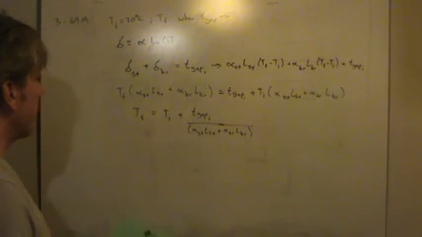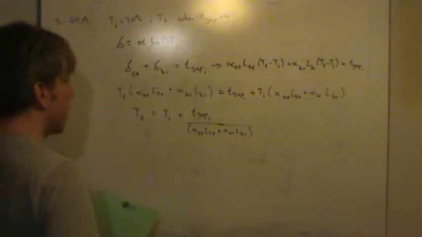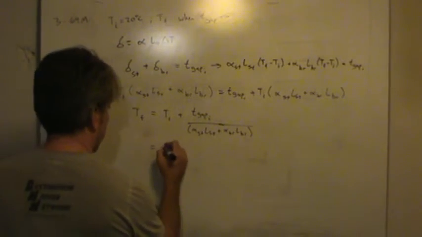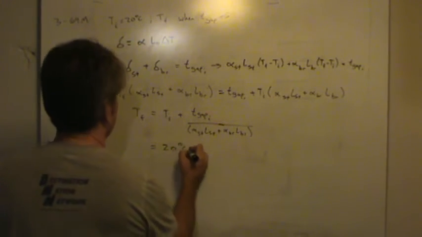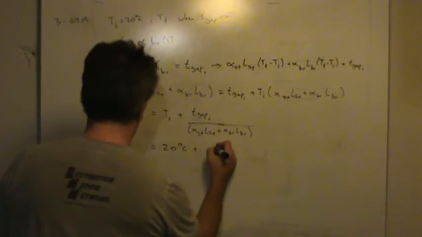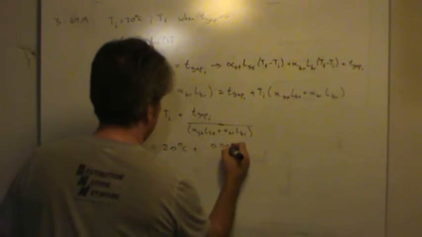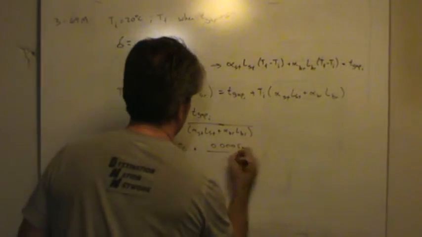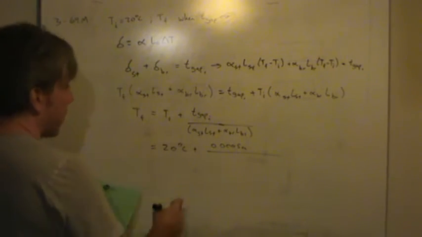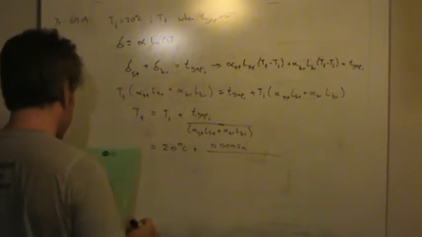So, let's plug in the numbers and see what we get. The initial temperature was 20 degrees Celsius. The thickness of the gap was 0.305 meters. Okay, I'm going to do that because I know my lengths are in meters also.